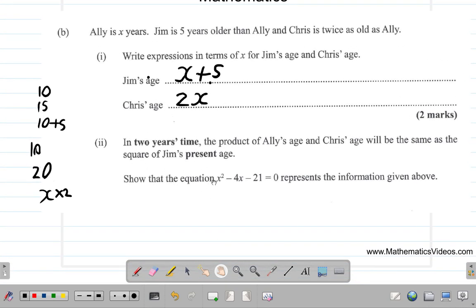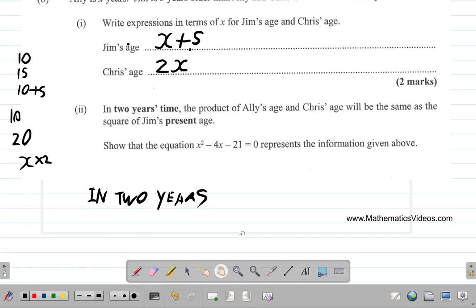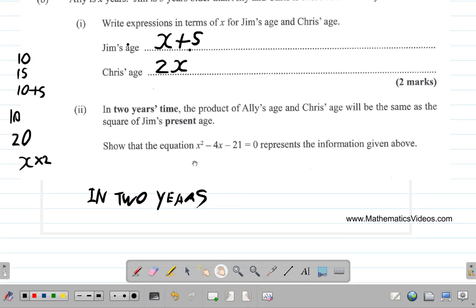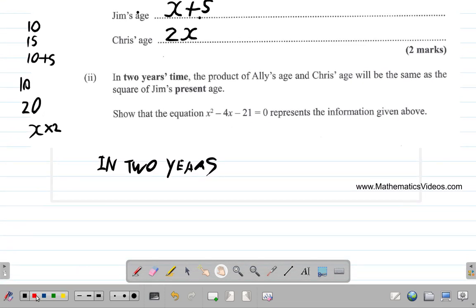Now, in 2 years' time, Ali will be X plus 2.